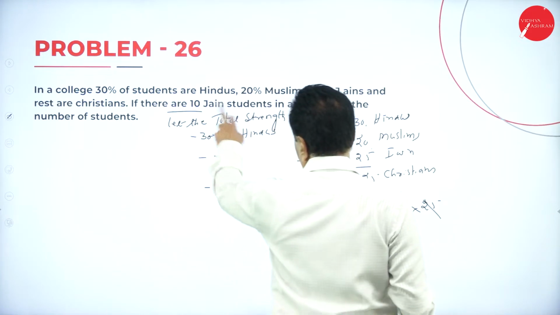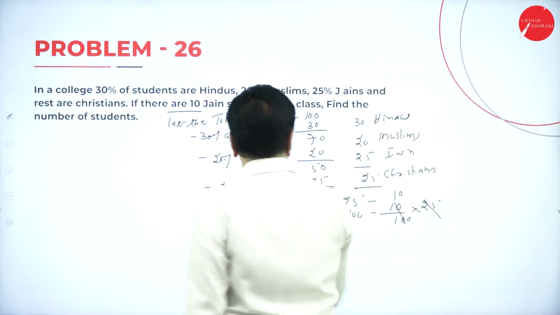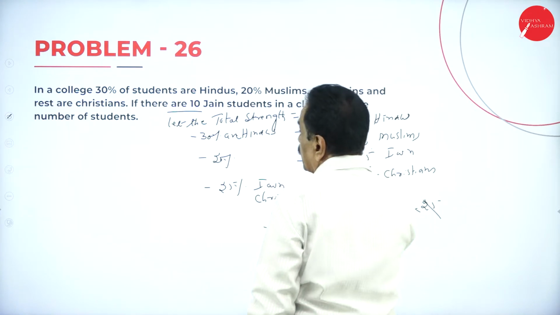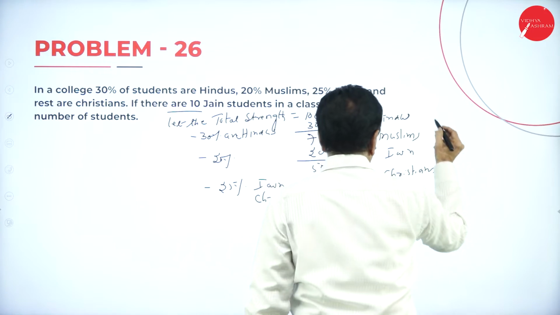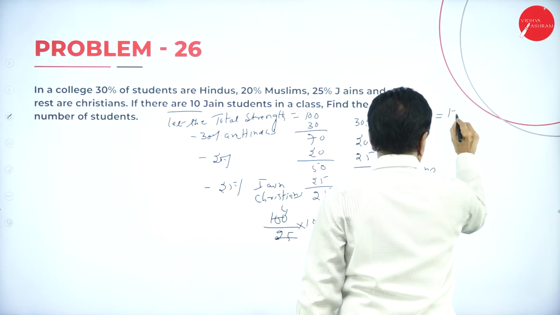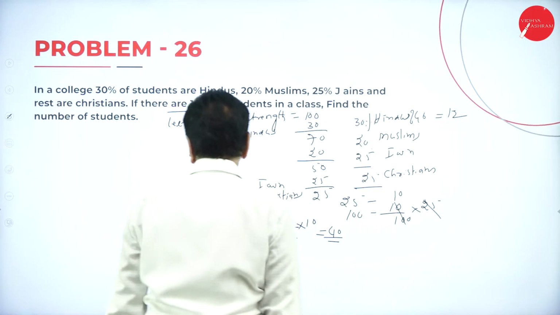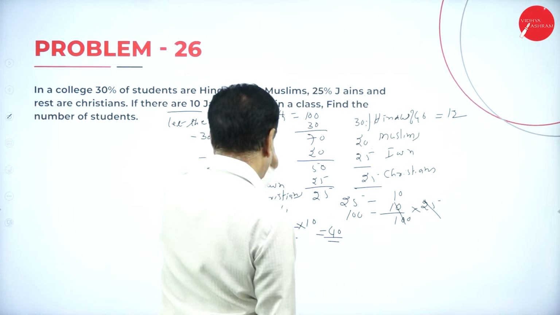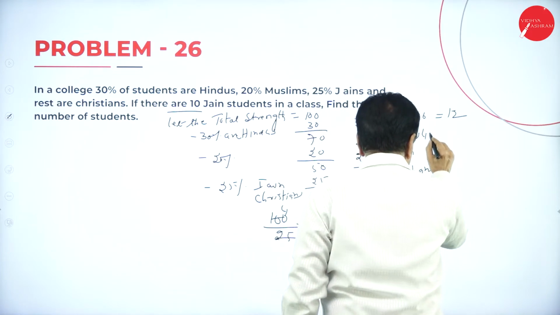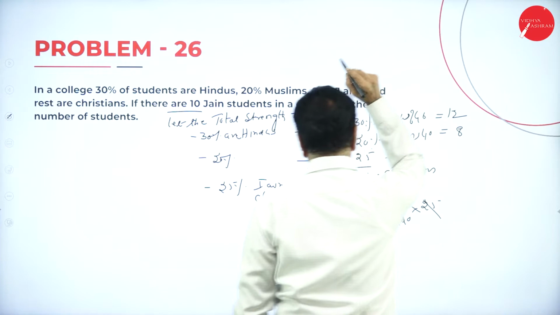Out of 40, 30% are Hindus, and 30% of 40 means 12. 20% are Muslims, and 20% of 40 is 8.